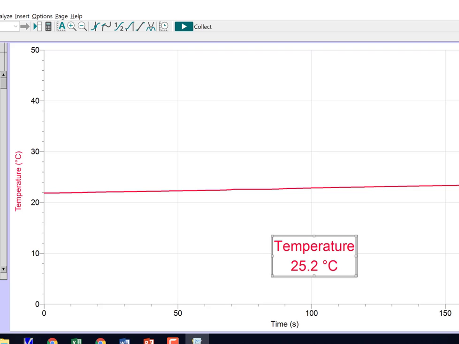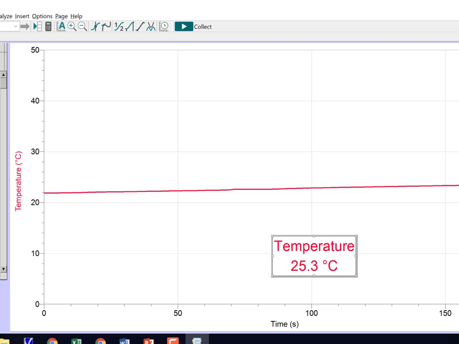Okay. Well, I know I started at 21.9. I went to 25.2. So how much did the temperature change? 25.2 degrees Celsius minus 21.9 degrees Celsius is 3.3 degrees Celsius. That's how much the temperature changed.